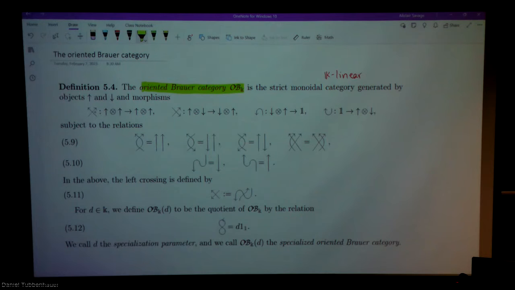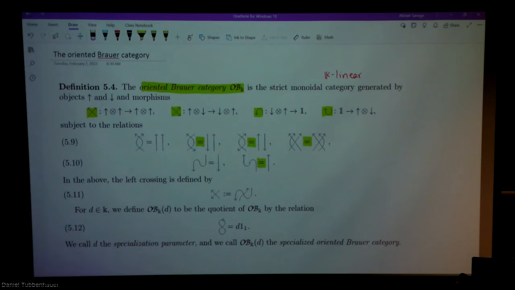The morphisms we had to add in were the up crossing and the right crossing, the left cap and the left cup. And the relations we had to impose were that strands pull apart in this way. We did not need to impose the one that the downward oriented strands pull apart. That followed from these ones. We needed to impose this one version of the braid relation and the left zigzag relations. And that's it. Everything else followed from those ones.